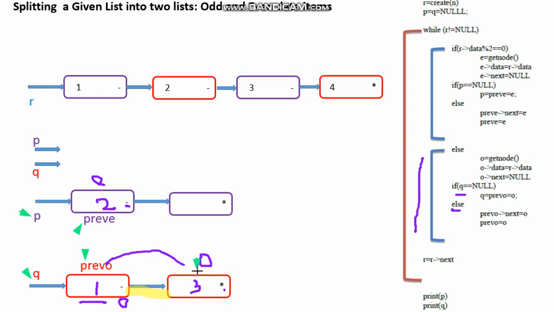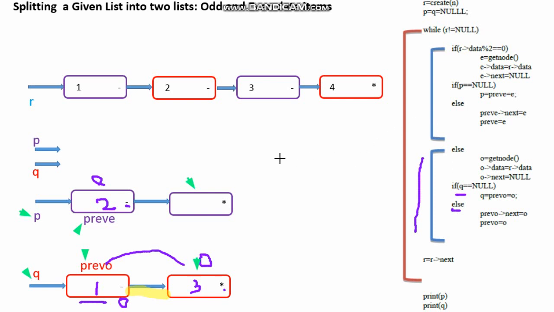So if you look, this is previous, that means 1 and 3. Similarly next time when I go to 4, 4 is even, so it will come here, even node will be created, and P is not null, so previous E will get connected to this, and the previous pointer will move again here. So similarly, once there are other nodes, it will keep on connecting.